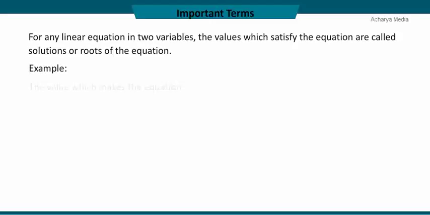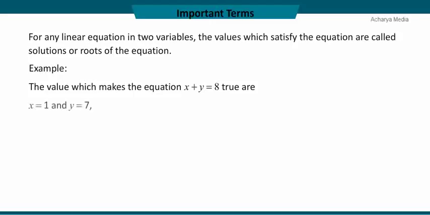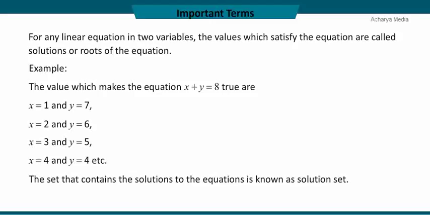For example, the values which make the equation x plus y is equal to 8 true are x is equal to 1 and y is equal to 7, x is equal to 2 and y is equal to 6, x is equal to 3 and y is equal to 5, x is equal to 4 and y is equal to 4, etc. The set that contains the solutions to the equations is known as the solution set.